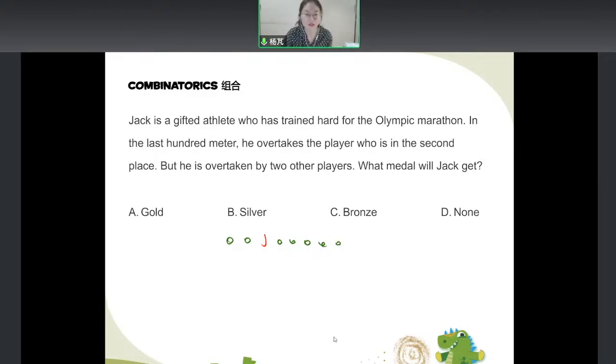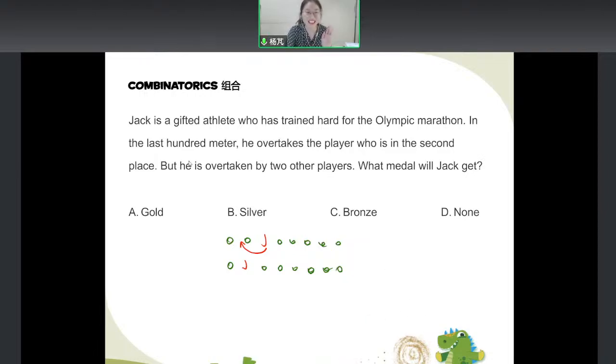Now, if he overtakes the second place, where is he? Is he in the first place? No. Yeah, he overtakes the second place. That means Jack becomes the second one. Okay, now he can get the silver medal, but there is something that happens later.